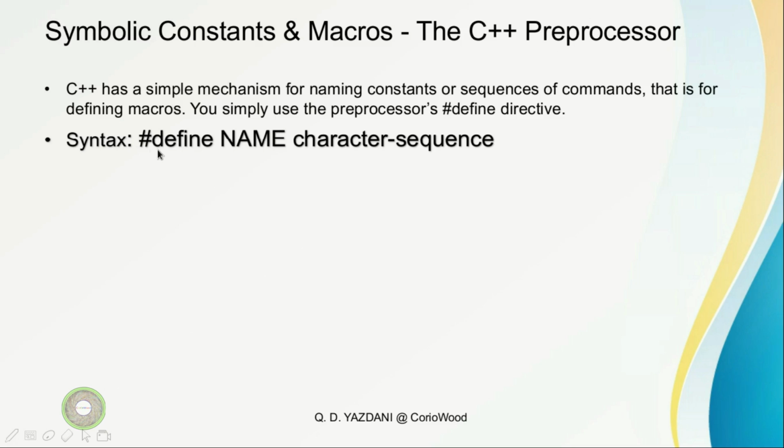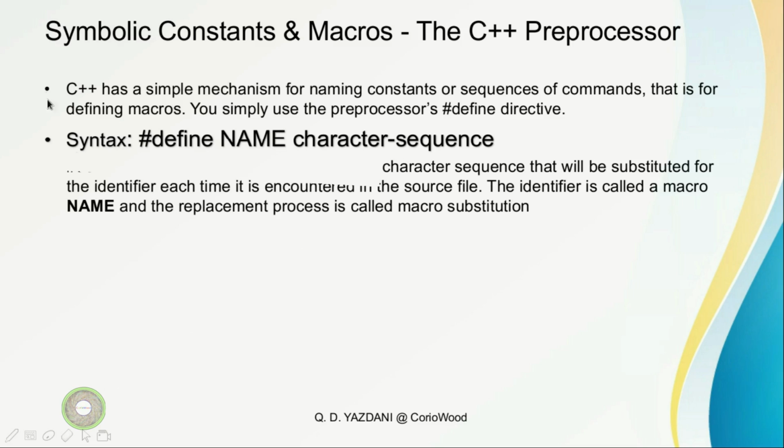That's the syntax for a macro. Whenever you encounter a define, think straight away that this is the C++ preprocessor. It might be at the top of the C++ program, or inside a header file separate from your main file, but that's how the preprocessor works.